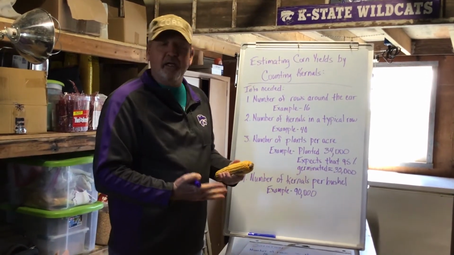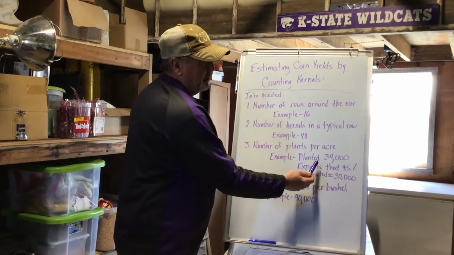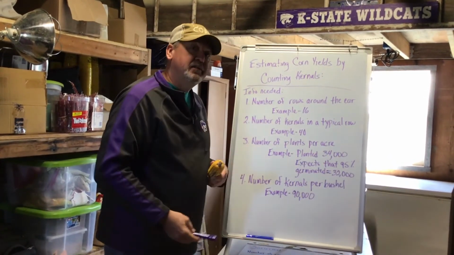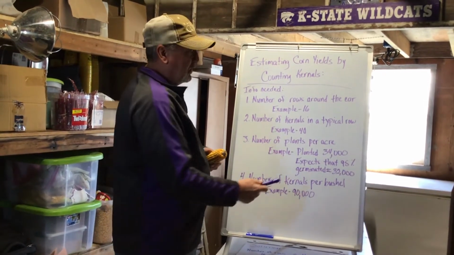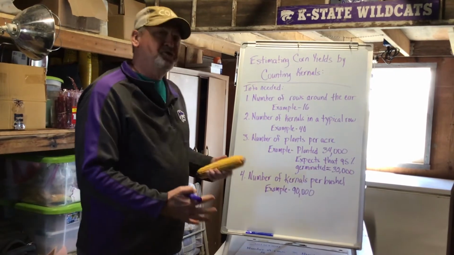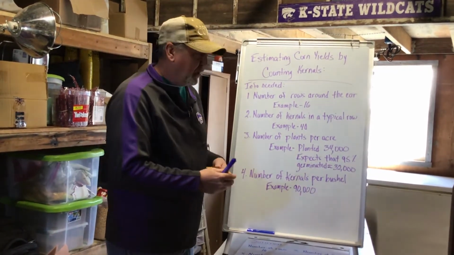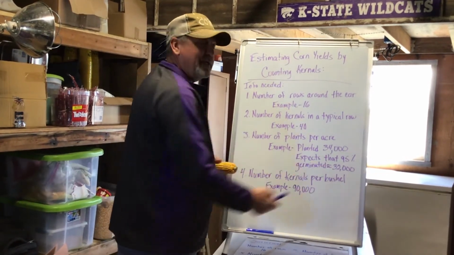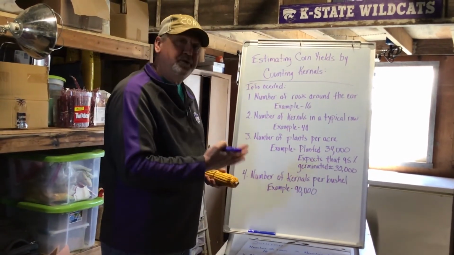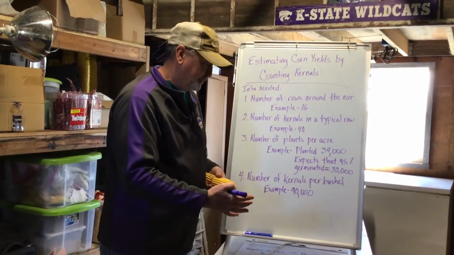And it can vary a lot, but in this example, the farmer planted 34,000 seeds, and he expects that 95% of those will germinate, which means they'll sprout and produce a live plant. At that rate, he's going to have 32,000 corn plants per acre.